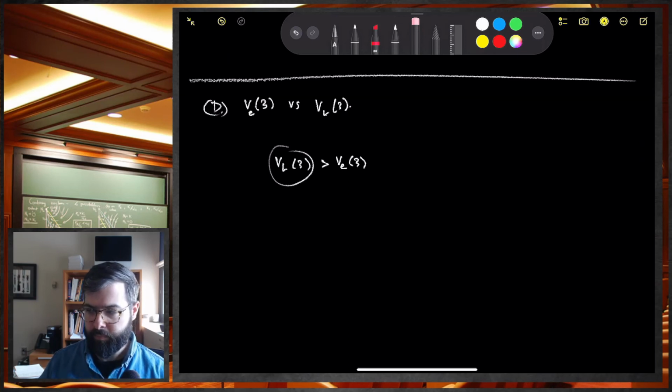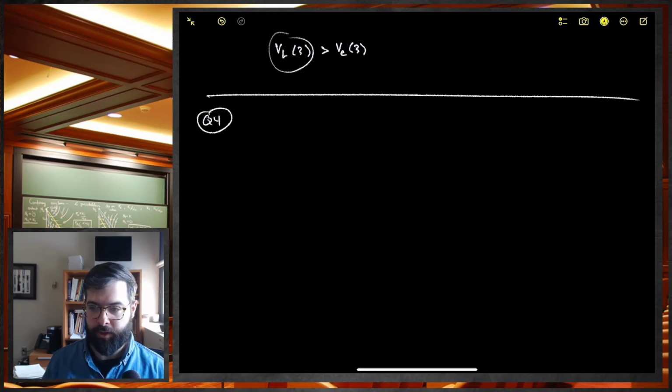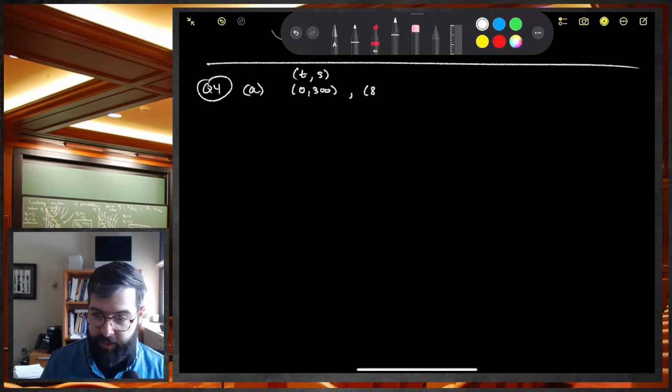So last one is question 4. And this is the Domino's Pizza question. So again, I saw a lot of people using linear growth here when we're really talking about percent rate of change. So for part A, you're really setting up an exponential growth: at t equals 0, there were 300 stores, and at t equals 8, there were 5,000 stores.